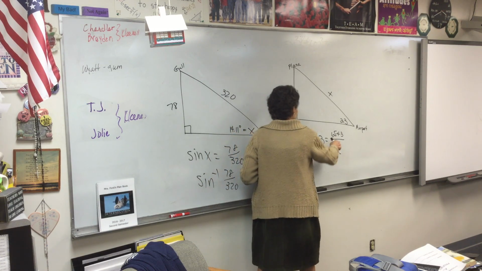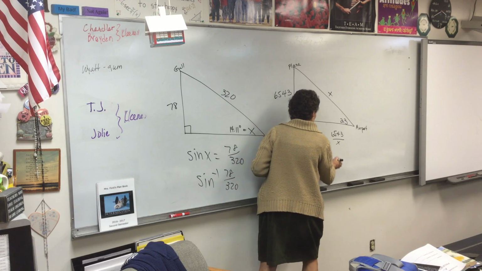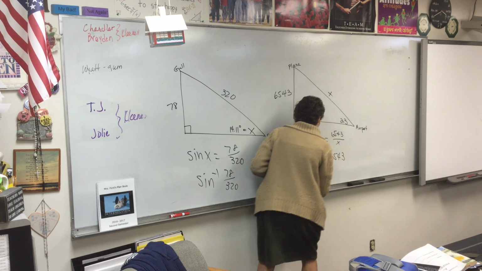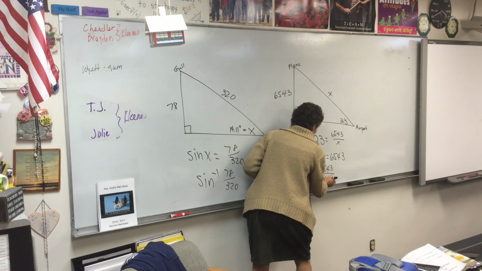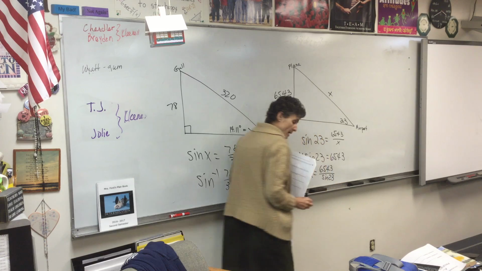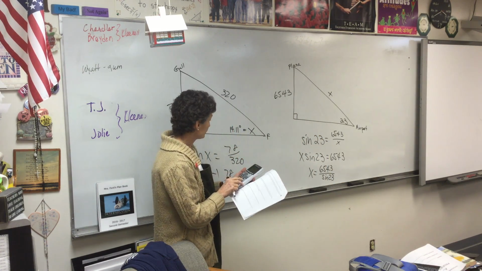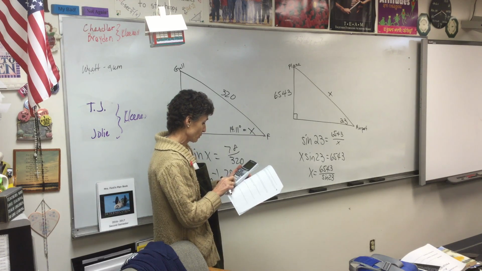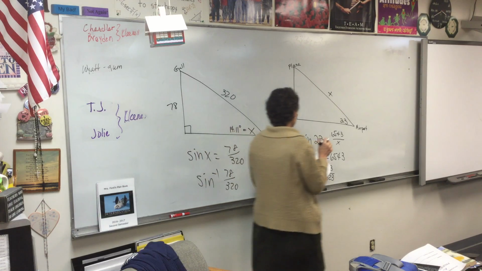So we've got a couple like this already today. Bring the x over and divide. Will this be regular sine or special sine? Regular. So 6,543 divided by sine 23. Oh, I got a big number.